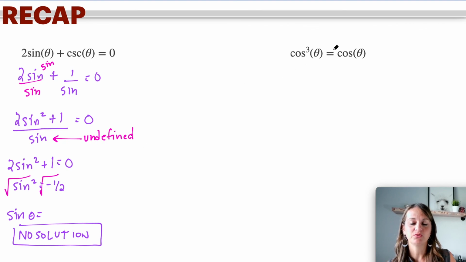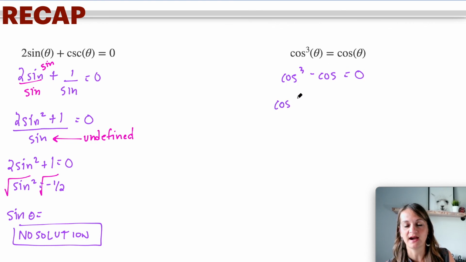Over here, you cannot divide both sides by cosine, because if cosine equaled 0, you would get, again, undefined. So what you have to do is just subtract cosine and set equal to 0, and then factor out a cosine. And so you will have two things set up: cosine equals 0, and then cosine squared minus 1 equals 0.